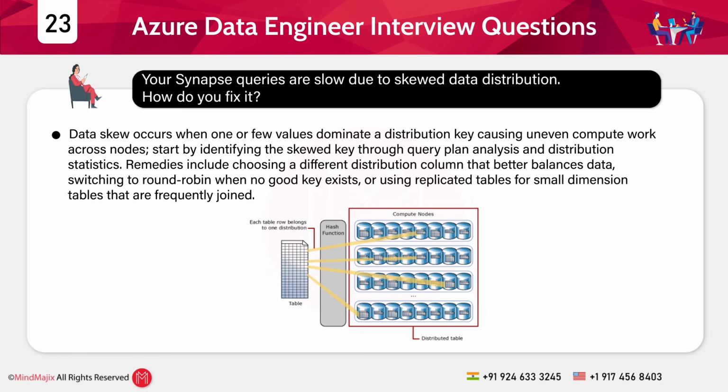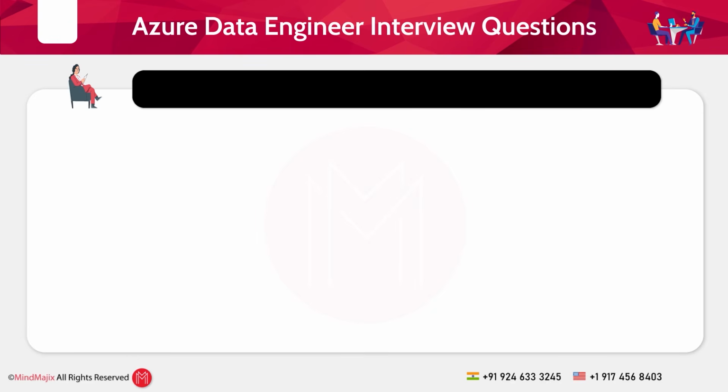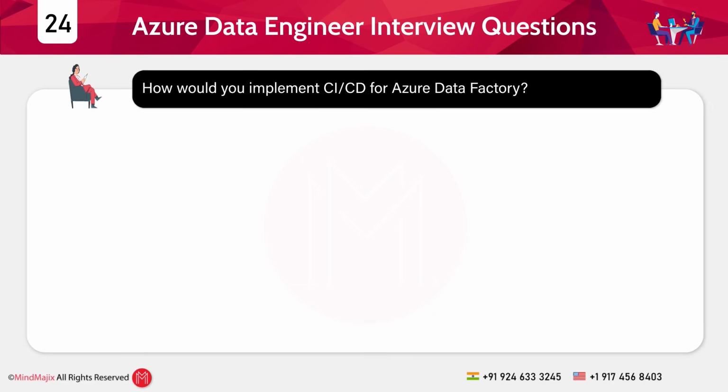But salting complicates the queries and ETL logic, so you have to use it very carefully and judiciously. Another approach is to pre-aggregate or Bloom filter the skewed data, or break the large joins into staged smaller joins to reduce the shuffle.